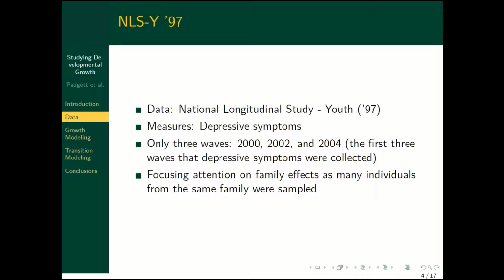We wanted to pay special focus to how family effects might influence individuals, because this is a very rich data set that has a lot of families, with multiple youth from the same family in the data set to help investigate these types of matters.